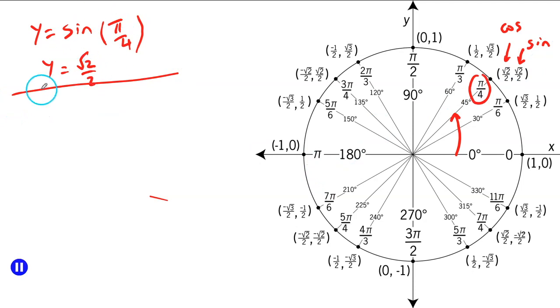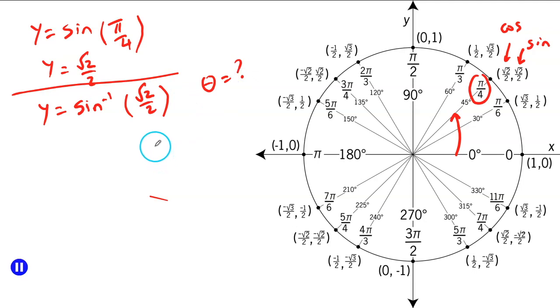Nice. But what about if I go inverse? So right now I give you the angle and ask you for the ratio. What about if I say, hold on, let me find the inverse function of square root 2 over 2. So now I'm giving you the ratio, I'm asking you for the angle. Every time I use the inverse function, the question is, find the angle theta.